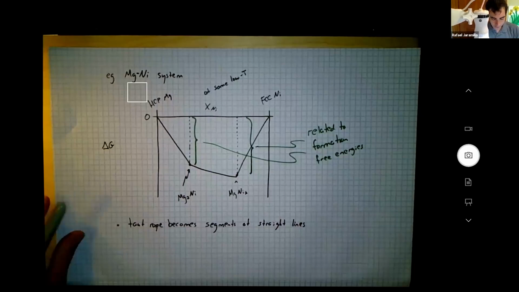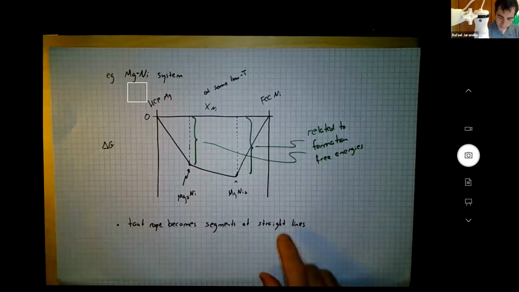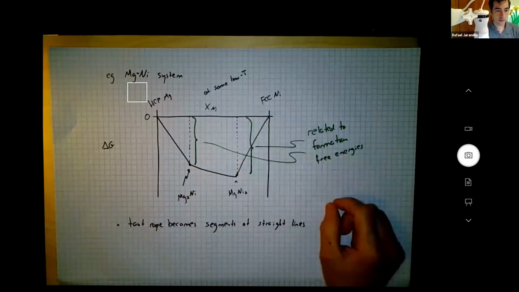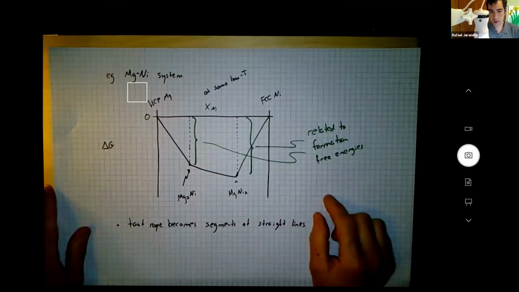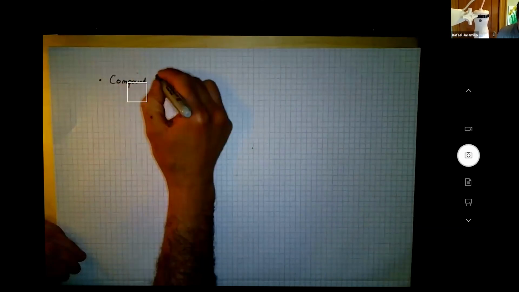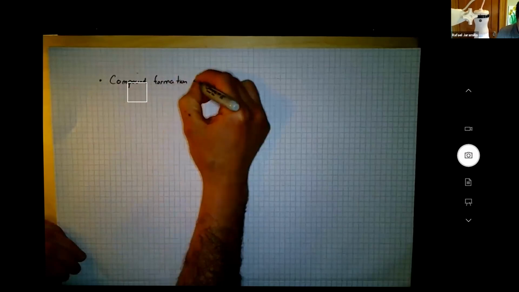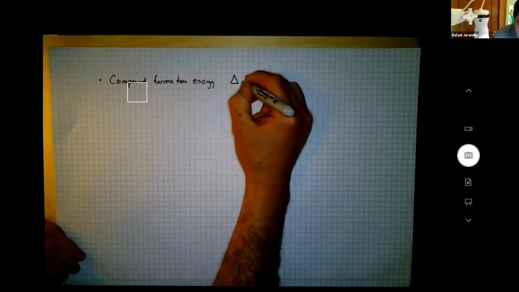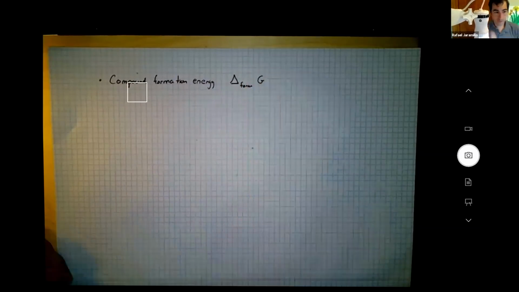All right, so now let's talk about the size of these vertical segments. Let's talk about compound formation energy, often written as delta G formation. So what is a compound formation energy?